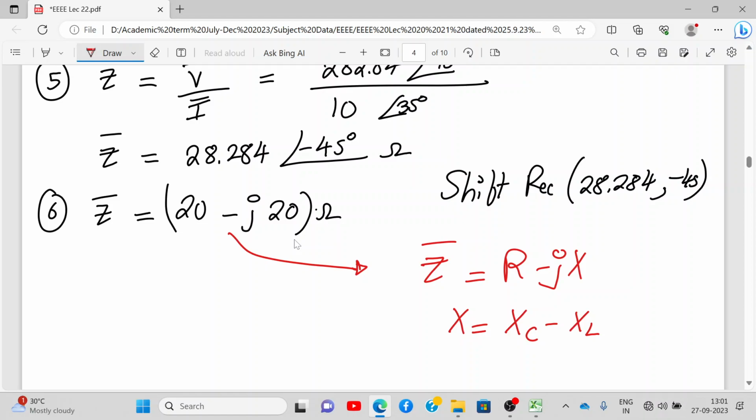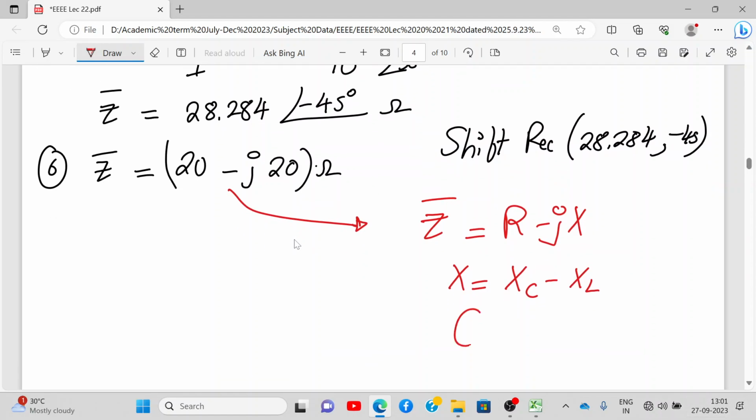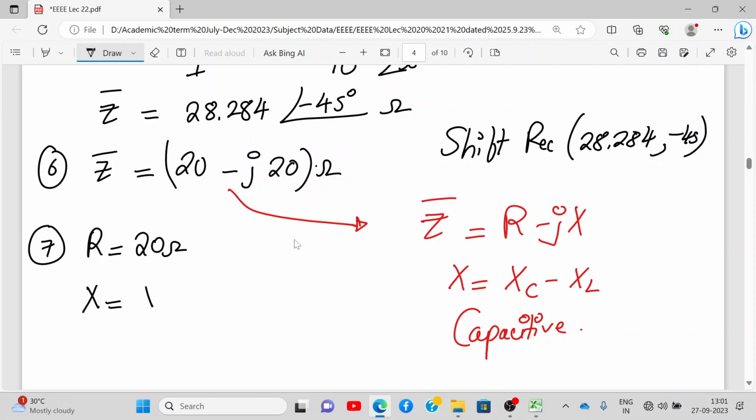Because it is minus, the circuit nature is capacitive. So from here, write down the value of R. What will be R? 20 ohm. What will be X, XC minus XL? That is 20 ohm.